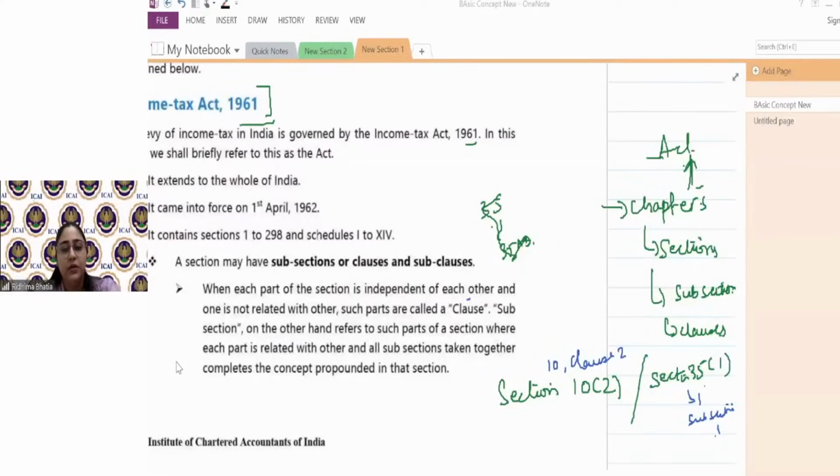First of all, question is clear. I'll answer your question. Finance Act पे भी आ रही हूँ.